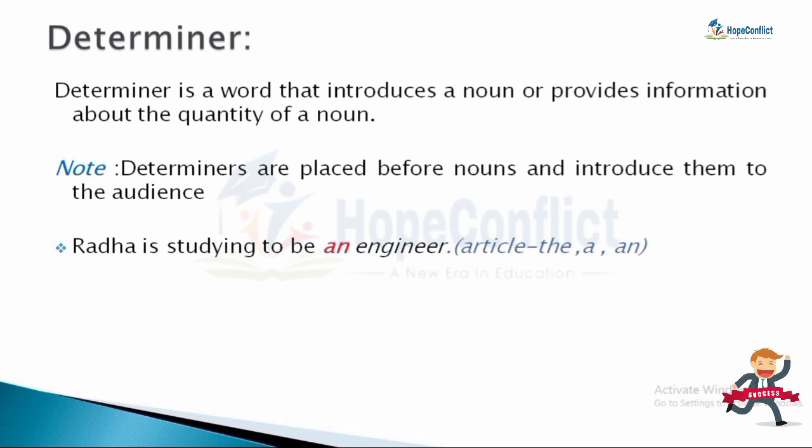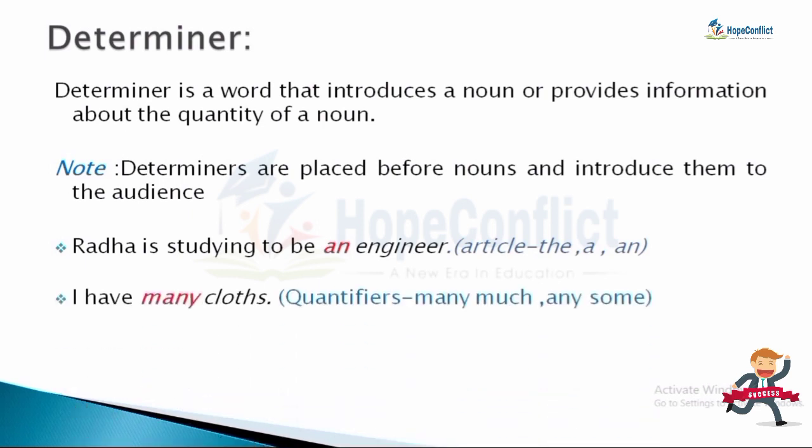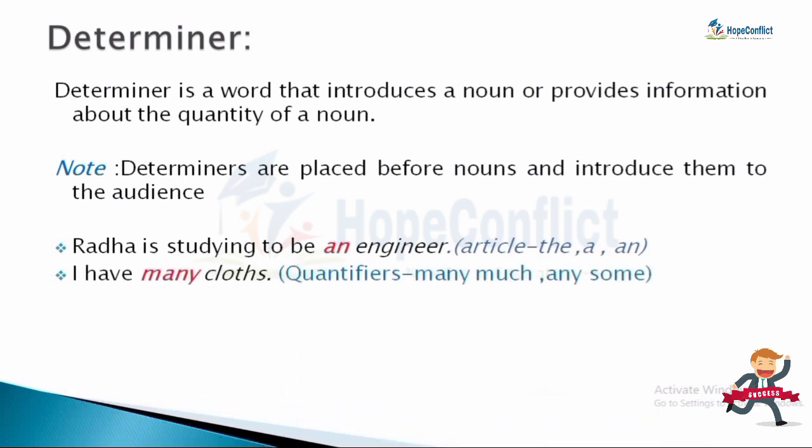So in this example, an is your determiner. Next example, I have many clothes. In this example, your determiner is many. This determiner is a type of qualifier. There can be many, much, any, some. This type of words are called determiners.